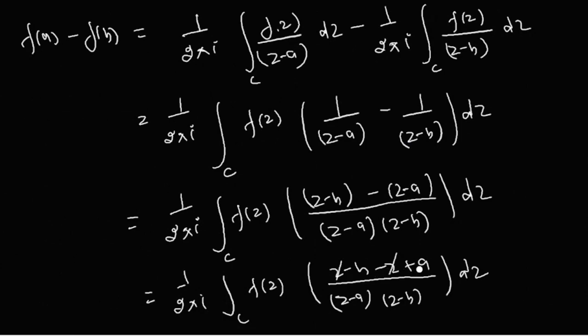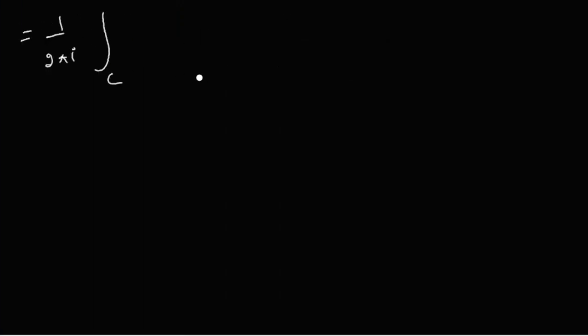Okay, so we can write in the next page, which is equal to 1 upon 2 pi i integration over C of a minus b upon (z minus a)(z minus b) and f of z also.